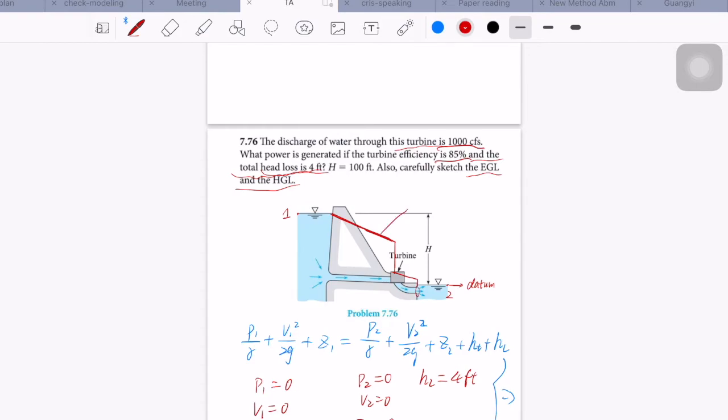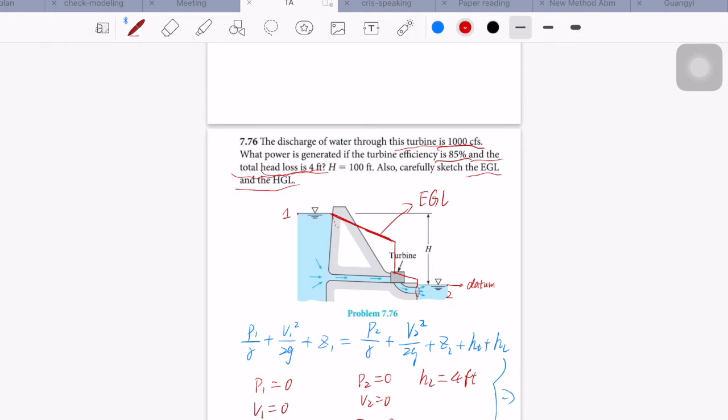So this is the EGL. And then we'll draw the HGL. So we use the red dash line to represent the HGL.